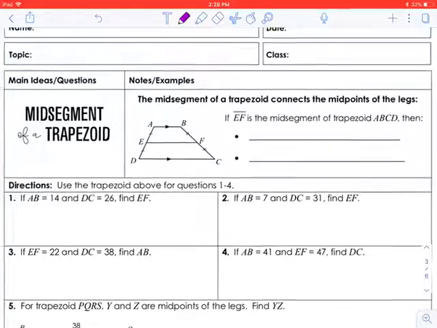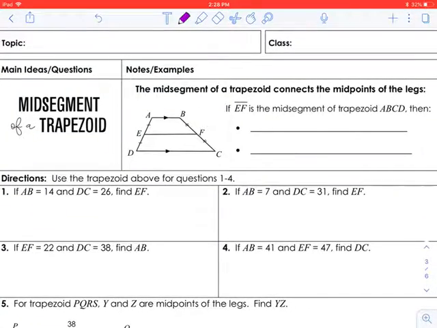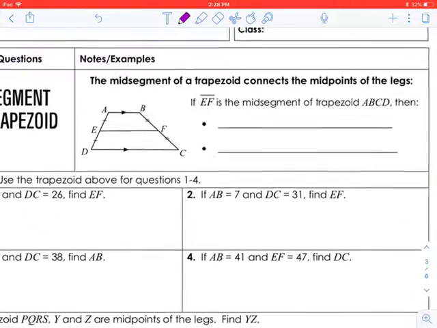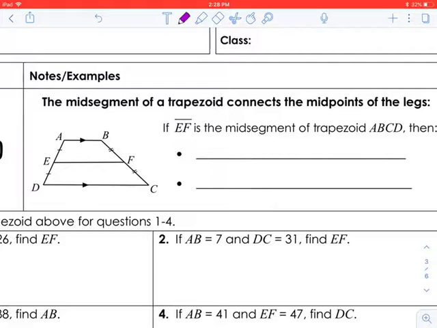We're talking about the mid-segment of a trapezoid. A mid-segment of a trapezoid is a line that connects the midpoints of the sides of a trapezoid. So EF is the mid-segment of this trapezoid.